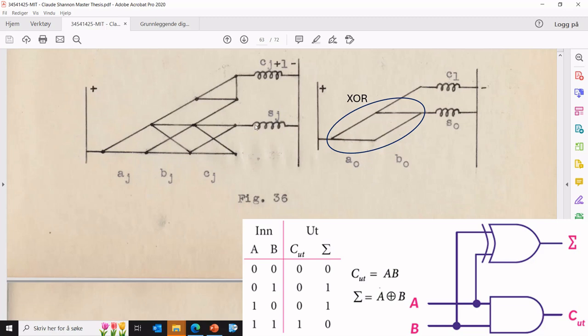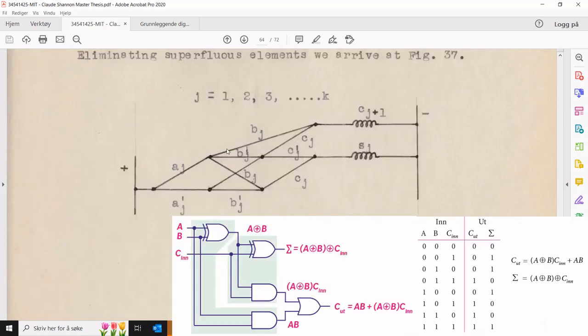Claude Shannon made a simplified diagram of this where he removed the redundant parts here, and it's still the same: having Aj, or Bj, or Cj equal to 1 gives us Sj, and if we have Aj, Bj, and Cj equal to 1, we get Sj.